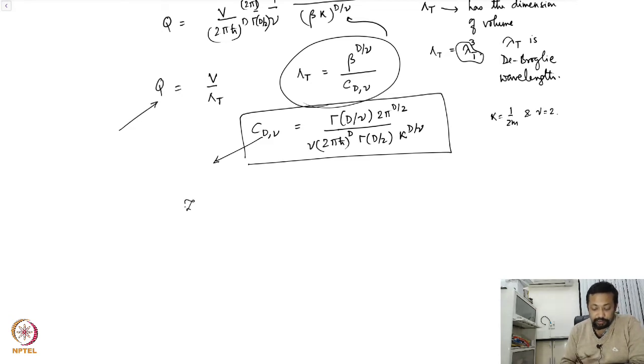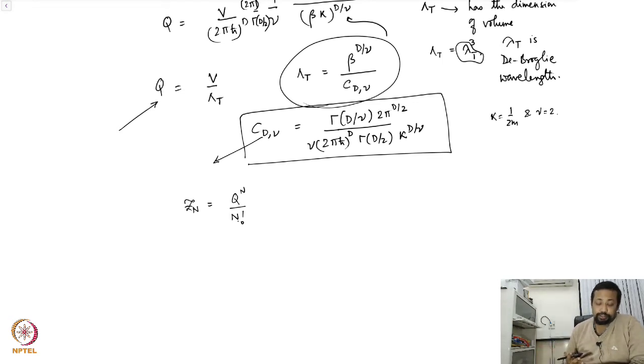The n particle partition function is q to the power n. And now we bring in the factor n factorial, because the particles of this gas are indistinguishable. You cannot distinguish one from the other, and therefore you are overcounting your microstates.